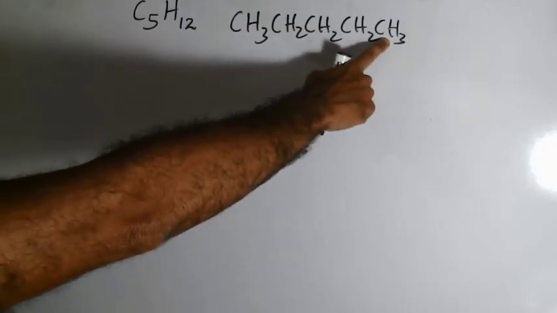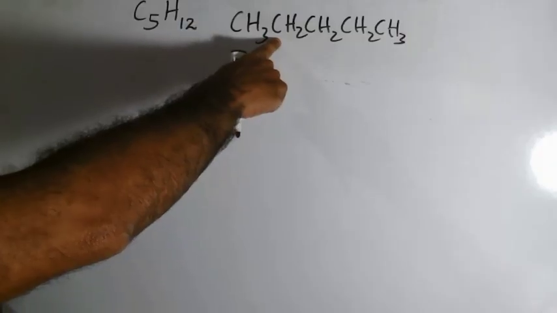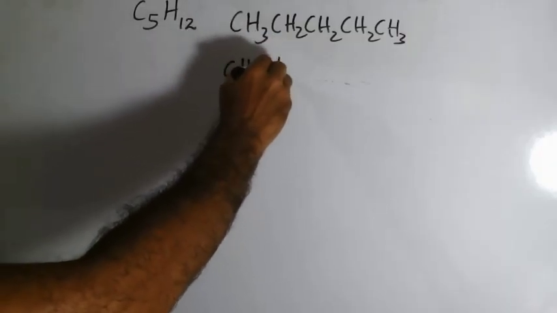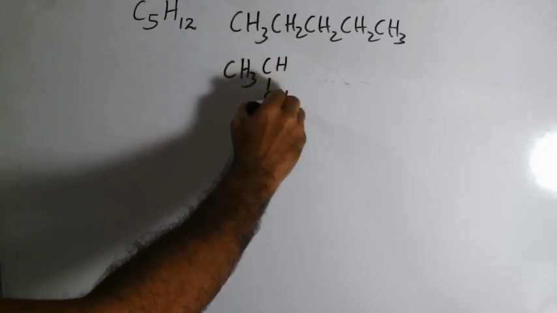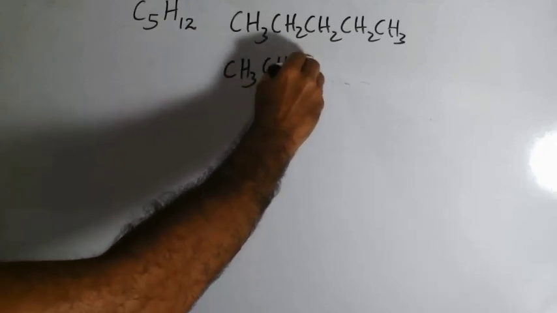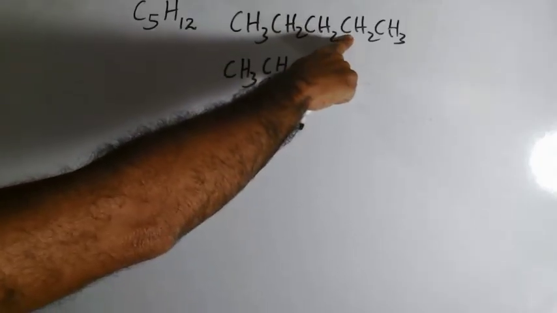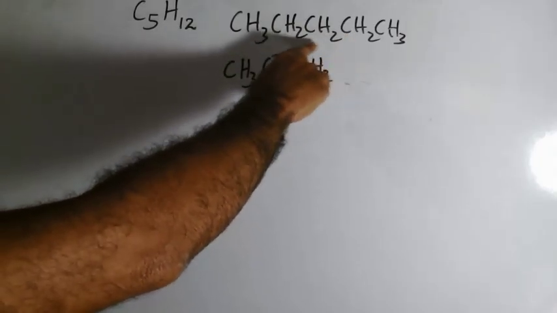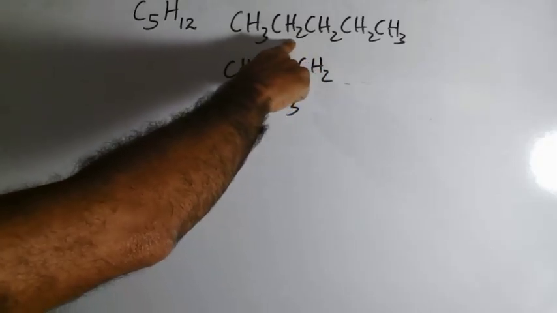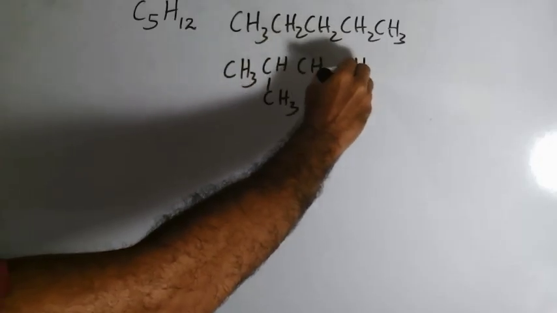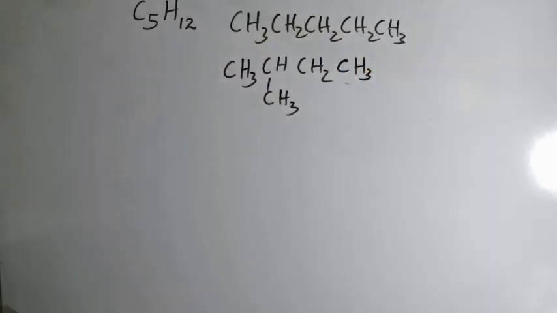I'm going to remove this methyl and connect them. Then I can come up to this carbon. So the hydrogen removed from there should be connected to this carbon. So this is the first isomer.